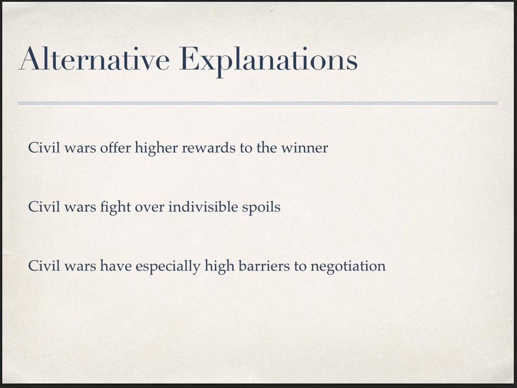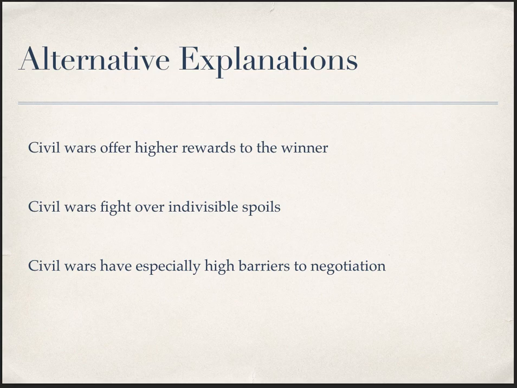Third, maybe civil wars have especially high barriers to negotiation. Maybe we have a divisible spoil. Maybe the rebel group would like to have control over one ethnicity, and the state would like to have control over the other ethnicity. But the populations are intermingled, and they speak different languages, so it's difficult to come together at a negotiating table.